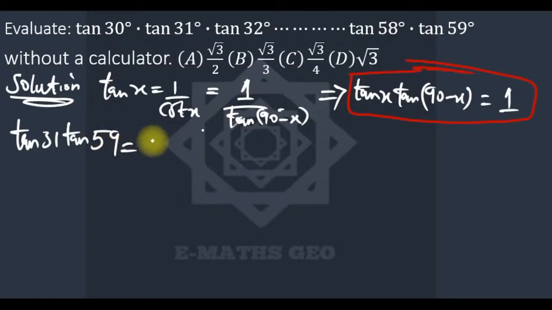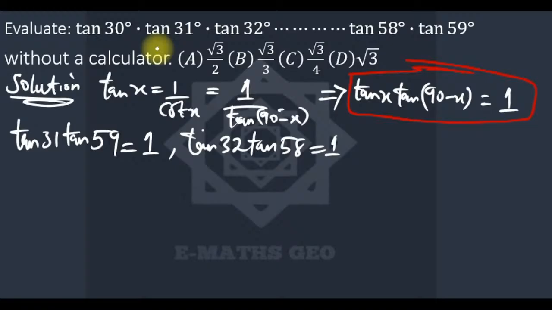So what is that product? It is 1, because 59 is the same thing as 90 minus 31. And if you look at tan 32 times tan 58, you still get 1. So from 31 to 59, the answer is 1. Therefore, this product is just tan 30 times 1.